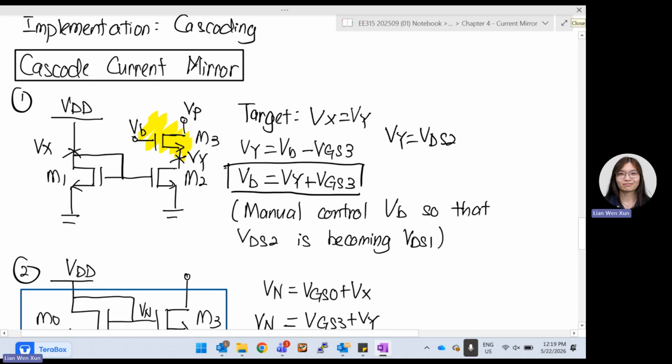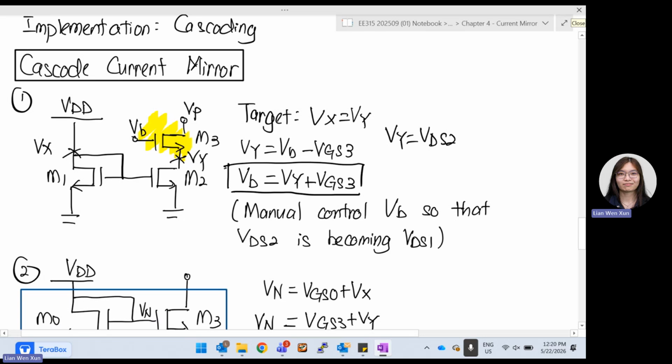Let's see them one by one. The first case: M1 and M2 form a current mirror, and then Vx and Vy. We are trying to force Vx equal to Vy now. Up there, there's some current, meaning I want to use my M2 to supply some current at the top.